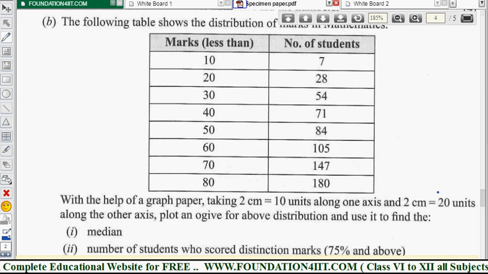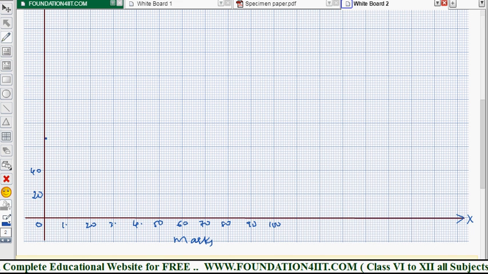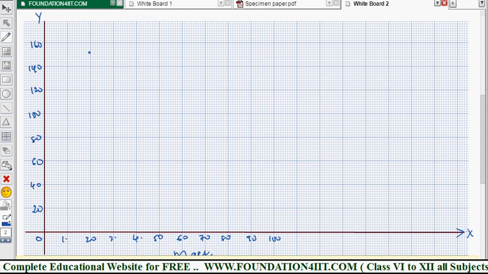So 2 centimeters is 20 units here. Then 40, 60, 80, 100, 120, 140, 160 and 180. The last is 180.